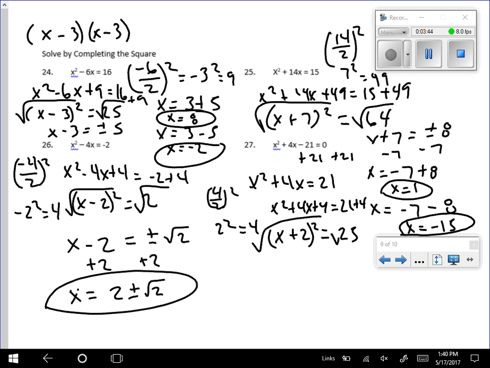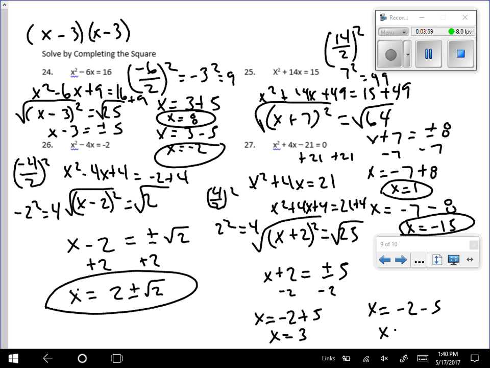Square root: x plus 2 equals plus or minus 5. Subtract 2. So x equals negative 2 plus 5, and x equals negative 2 minus 5. So x equals 3, and x equals negative 7. Awesome.